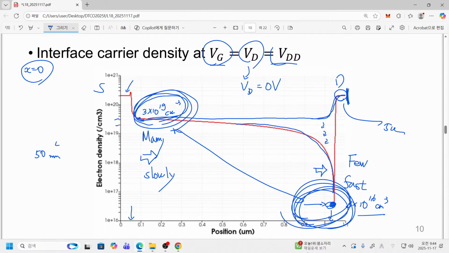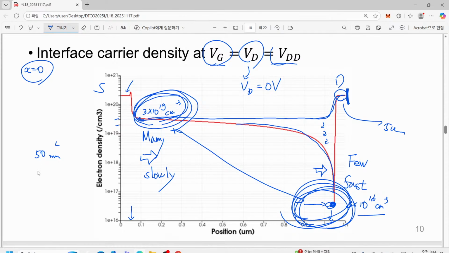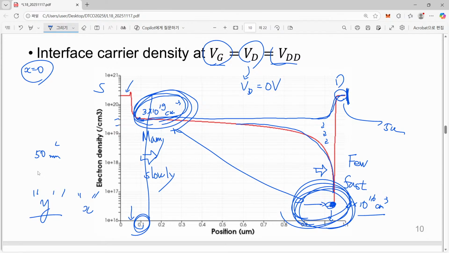You have a two-dimensional electron profile, then please try to make a cut not along this y direction, the channel direction, but along the x direction. At a certain point, for example this one, 0.1, and at another point, for example 1 micrometer, you will find a somewhat different vertical distribution of our electrons.